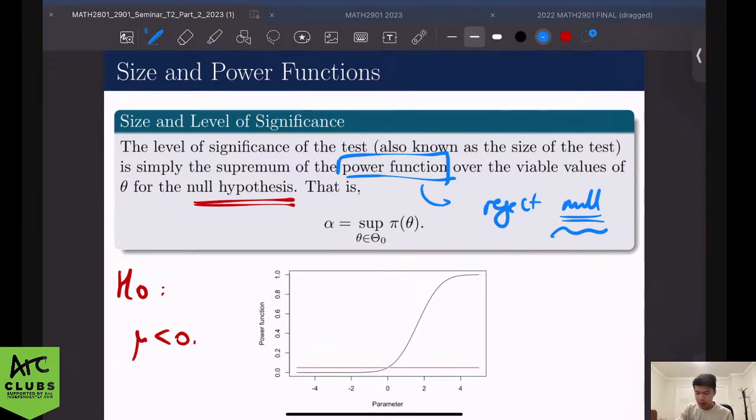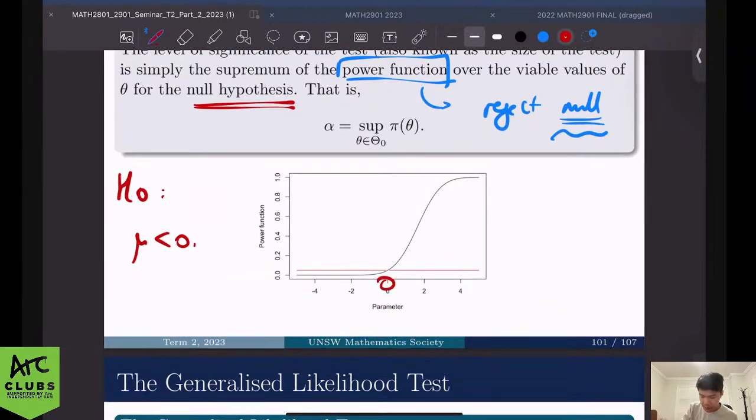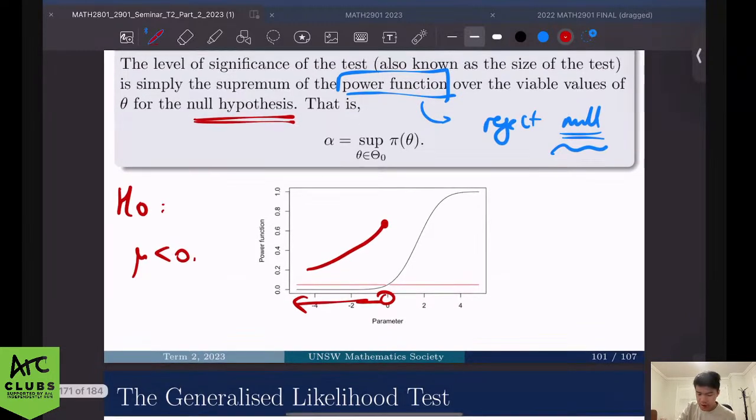So in this case, the null is mu less than 0, and the power function would be your probability of rejecting that null. If you get a really big value over this region, that's bad. So you want to track all the values over that region and make sure it's kept low. The supremum, or the maximum, of the values is going to be the size of the test.